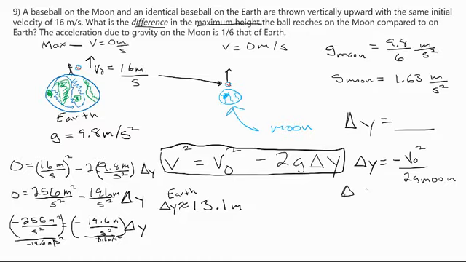So I'm going to say delta y is equal to, well, what's the initial velocity? Well, they both had the initial velocity of 16 meters per second, but when you square it, it becomes 256 meters squared per second squared, right?